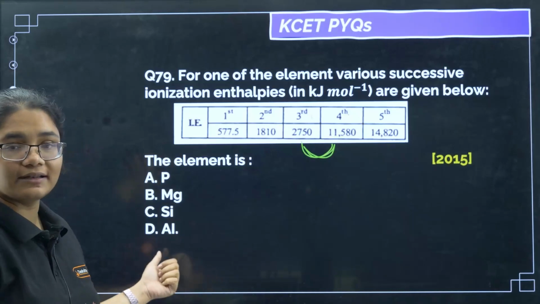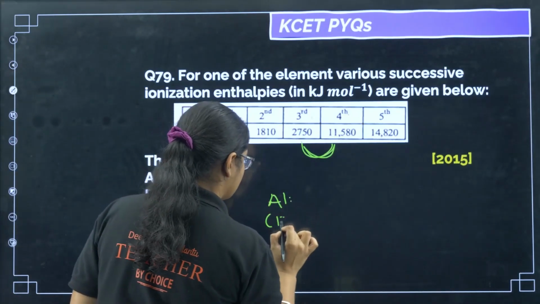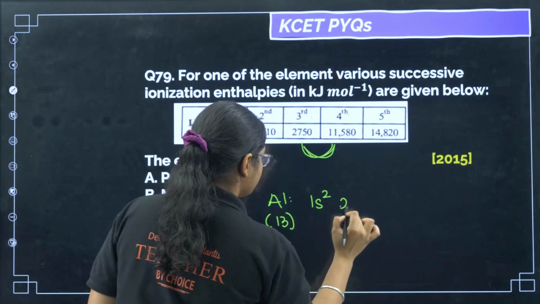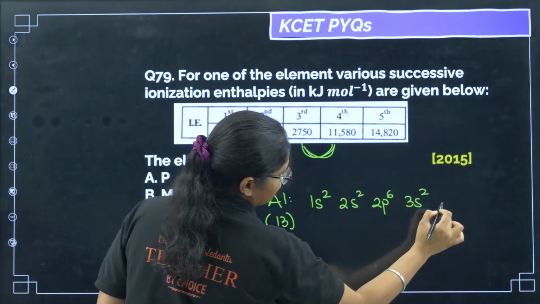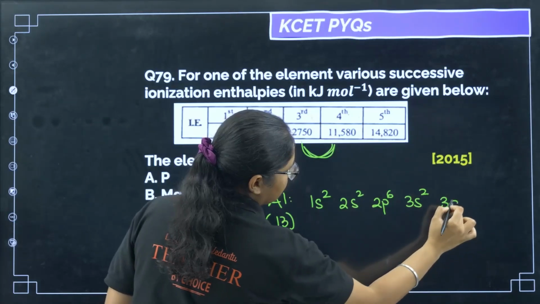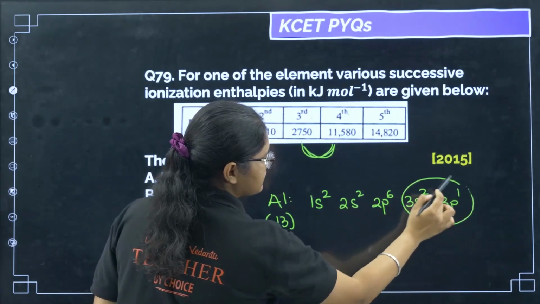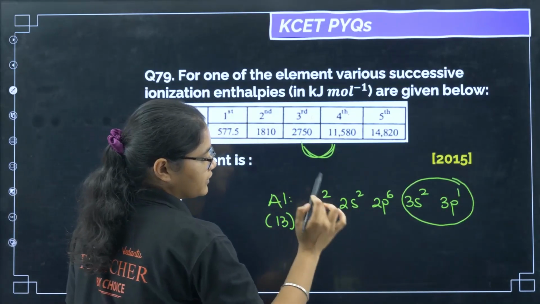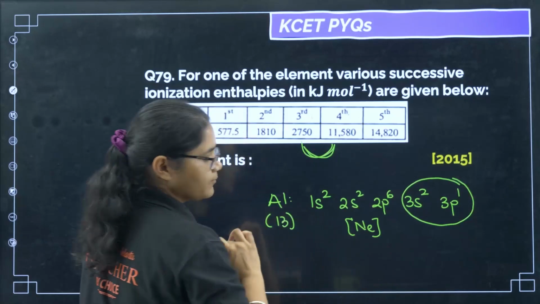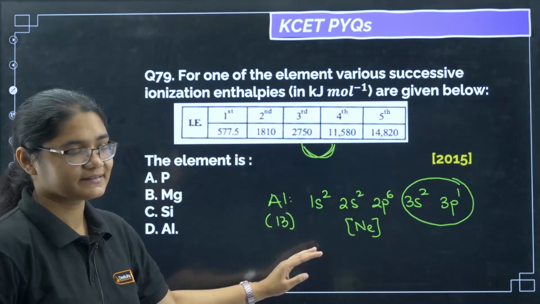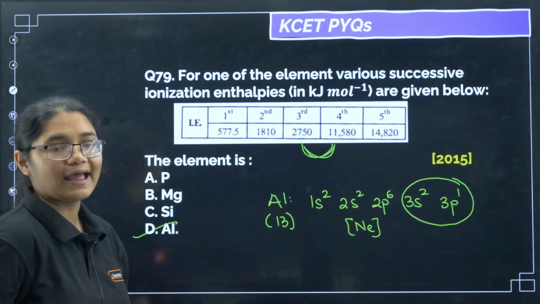In group 13, that is aluminium, what is the configuration of aluminium with atomic number 13? 1s2, 2s2, 2p6, 3s2, then 3p1. Now I can remove these 3 electrons, but when I am removing the fourth electron, it is from this noble configuration of neon, which is not an easy task. So that is why these ionization enthalpy values are for aluminium.